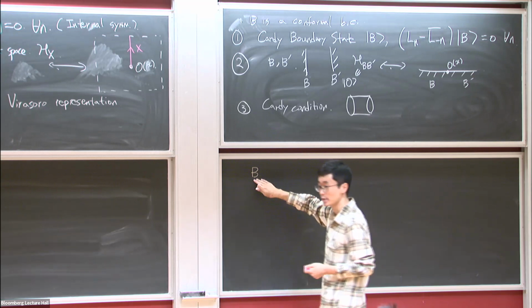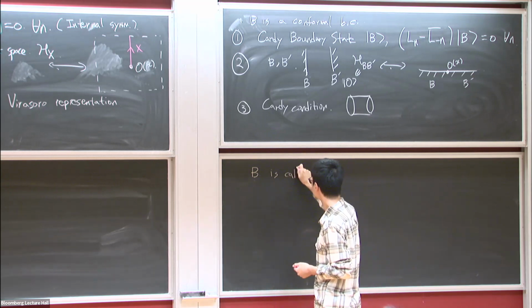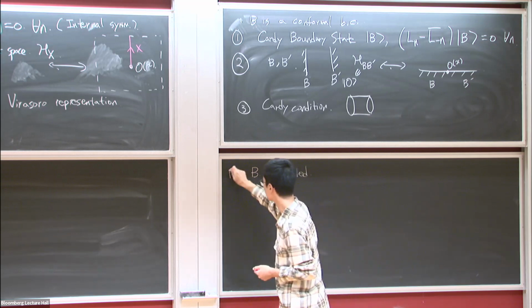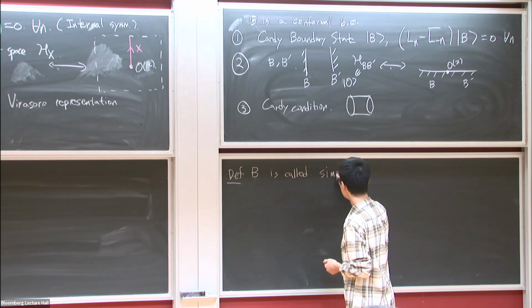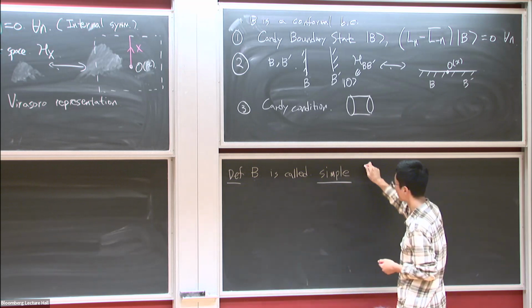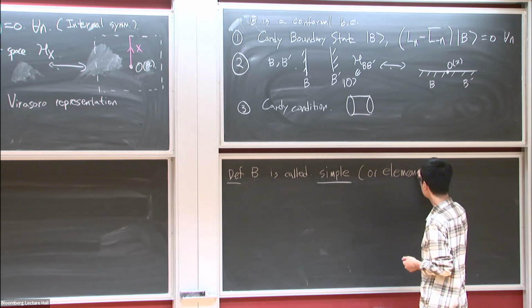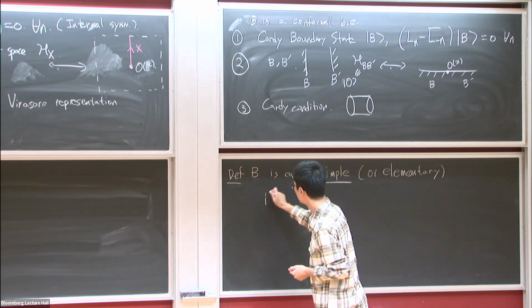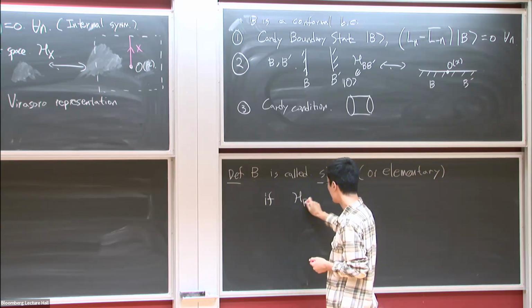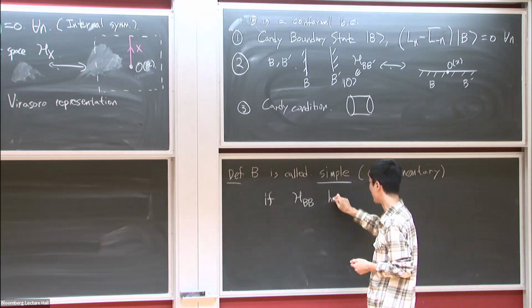A conformal boundary condition B is called simple, or sometimes also elementary, if the interval space H sub BB has a unique ground state. That's the definition.